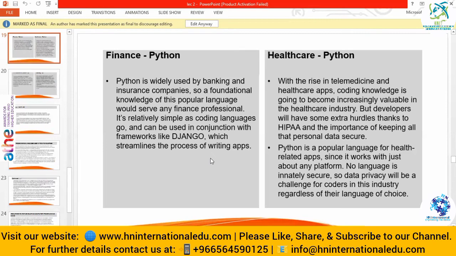So finance, banking, and other professionals, businesses or industries that work on laptops or computers, use the Python language to create their software, so that it can ease their work. Understood?